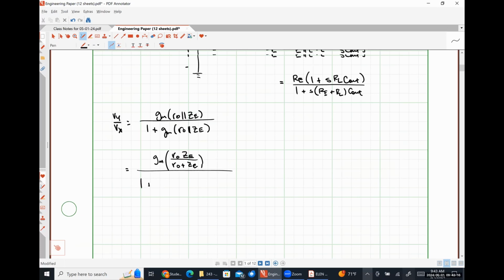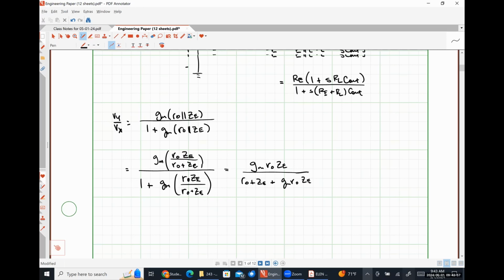Divided by 1 plus GM R naught ZE over R naught plus ZE. Close that, make that not quite as long. And from here, it should be fairly straightforward to see how we would get something like GM R naught ZE over R naught plus ZE plus GM R naught ZE.